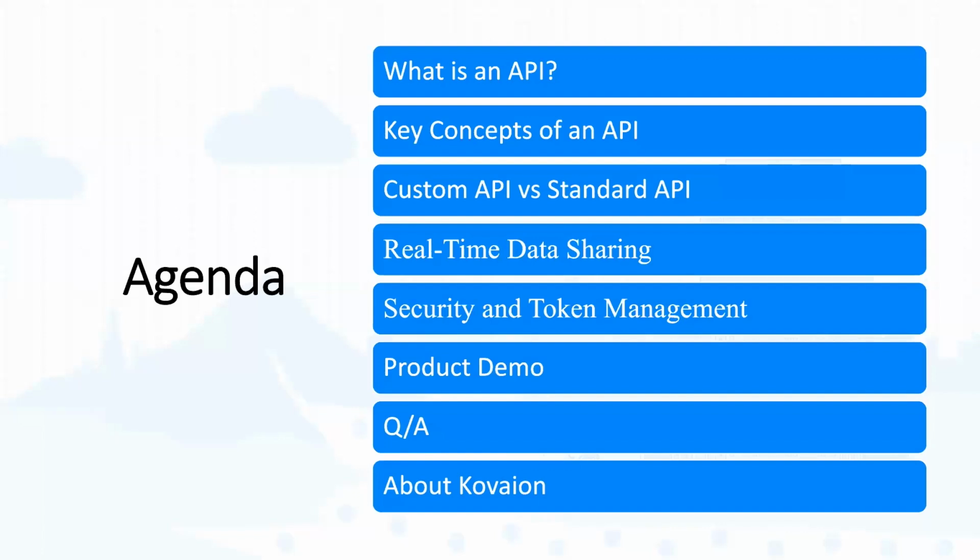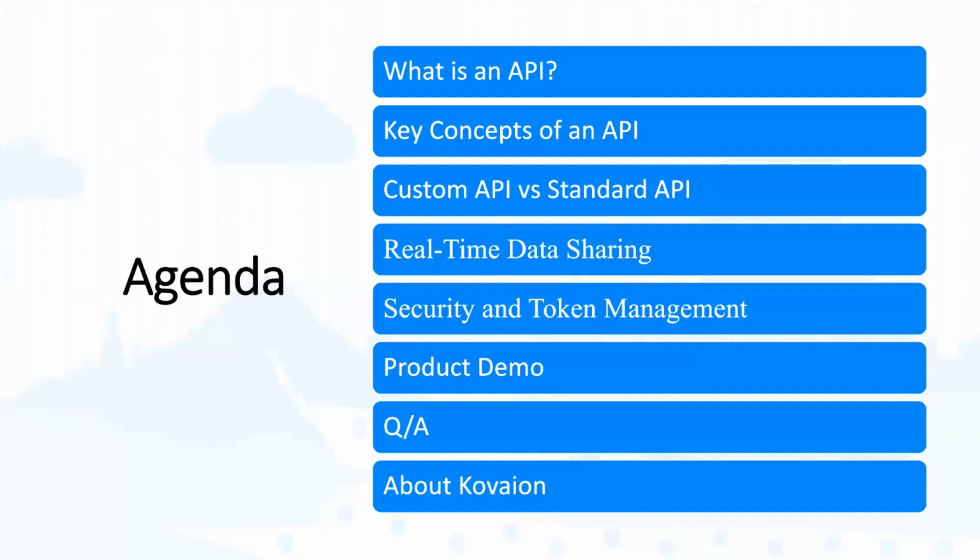I'm going to break down the fundamentals like endpoints, requests and responses, and HTTP methods. Then I'll explain the difference between custom APIs and standard APIs, followed by how APIs enable real-time communication and data sharing between systems and applications.